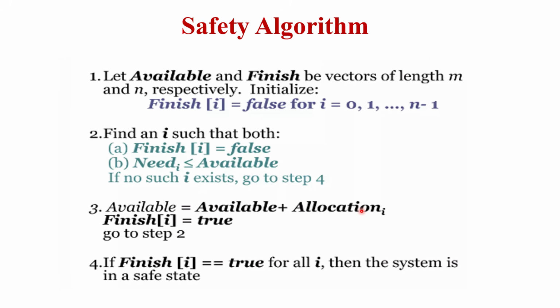Once the process is completed, we can return the allocated resources for that particular process. So once you complete the step, you make Finish true, meaning the process is completed.